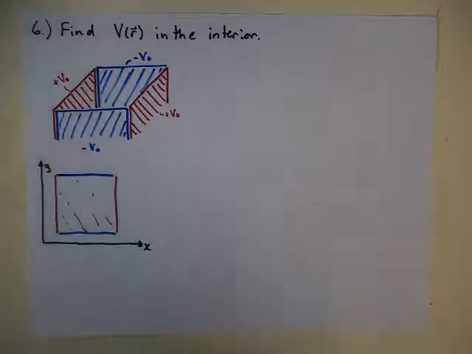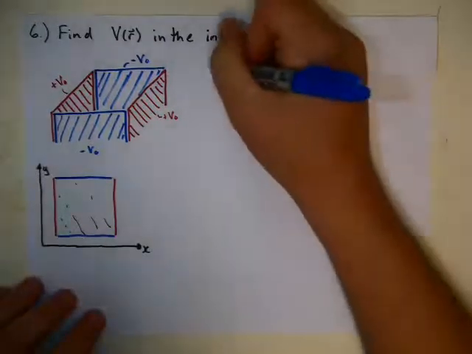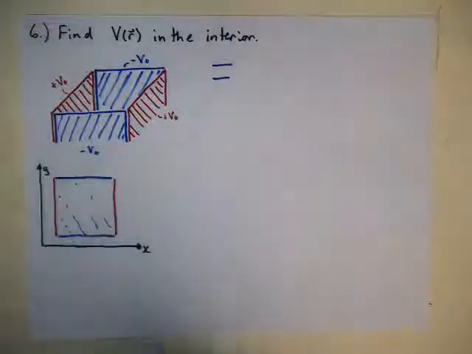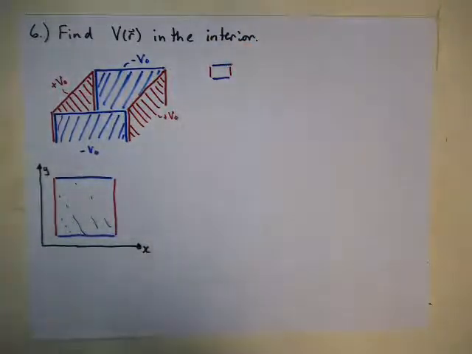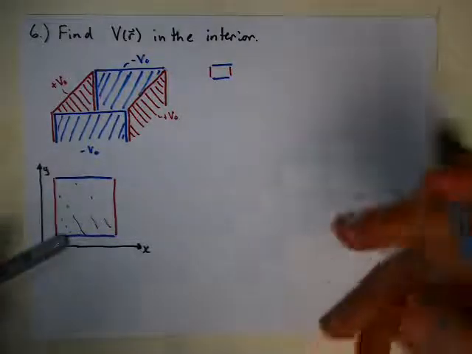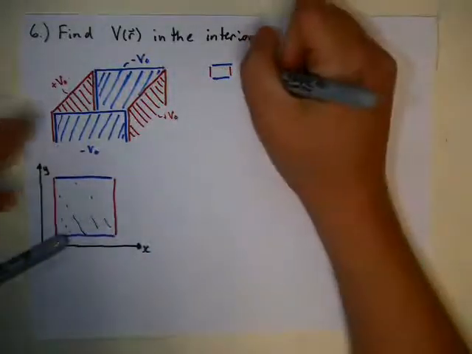To do this, I'm going to use the same trick that we used in the in-class example problem, where I'm going to write our full problem. I'm going to break this apart into two pieces.